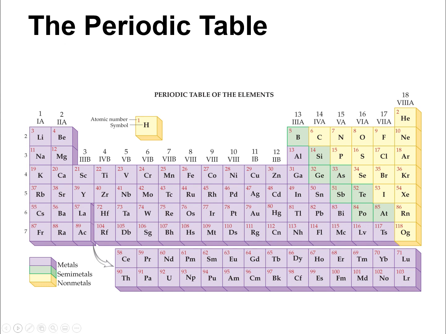Here's the periodic table. We've been talking about the elements. I'm going to provide a periodic table for you for class for chapter 3 and forward. Periodic tables can have a lot of information on them, but they are always arranged according to increasing atomic number.